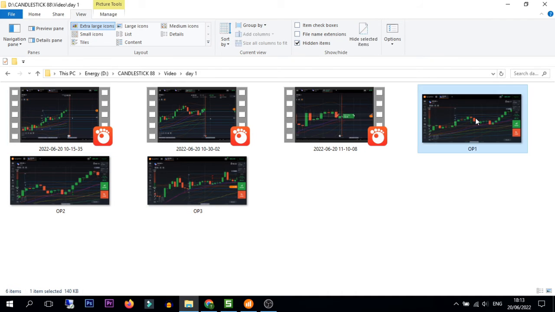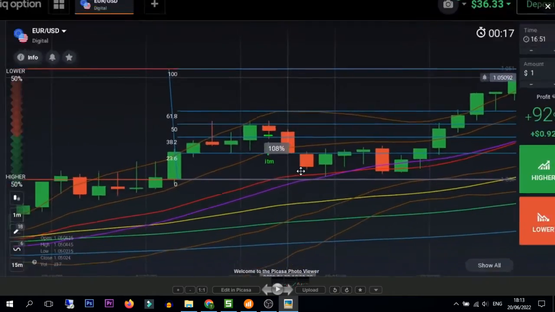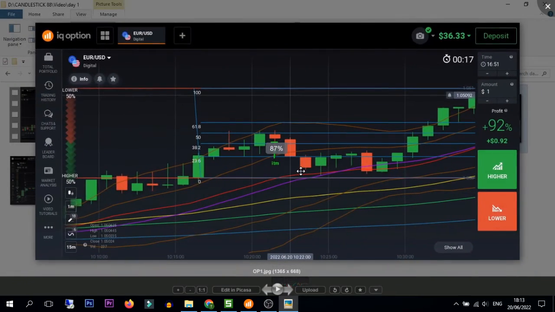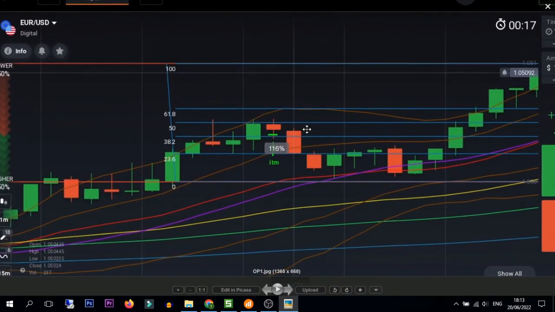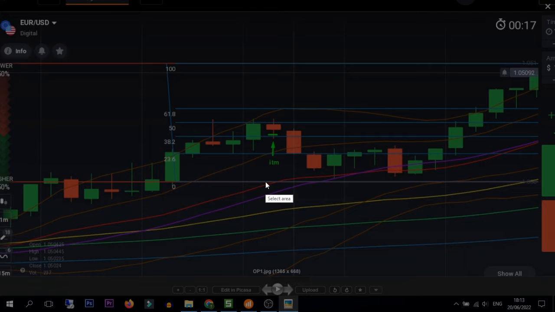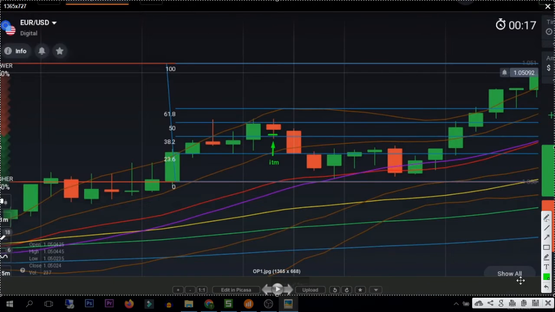video. This is OP1, so open position number 1. And again, honestly, this is not a good result. Okay, because here my prediction was the continuation from this kind of hammer, but the result was a bearish candle.